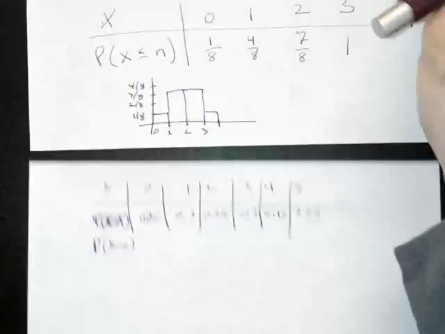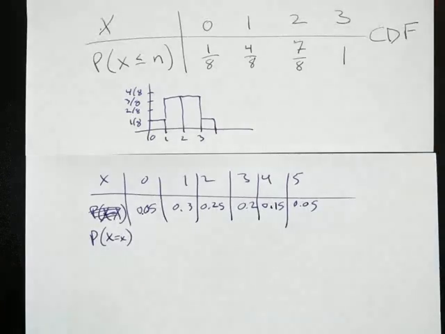So here is a PDF. On the midnight shift, the number of patients with head trauma in an emergency room is found to obey this probability distribution. Problem 6.3, page 198.